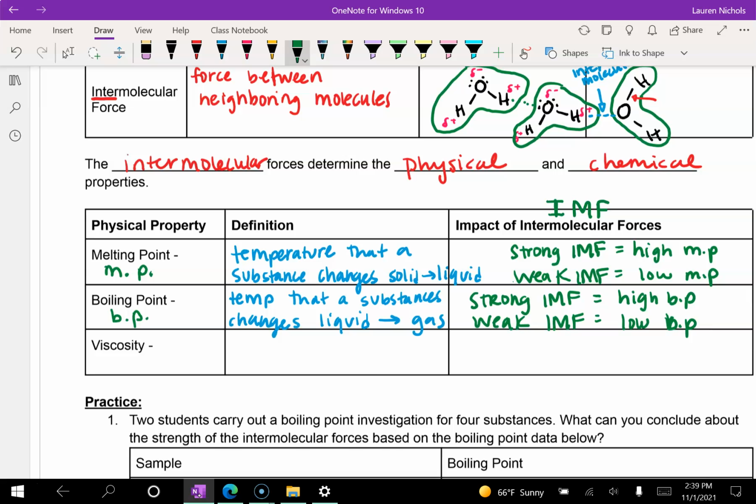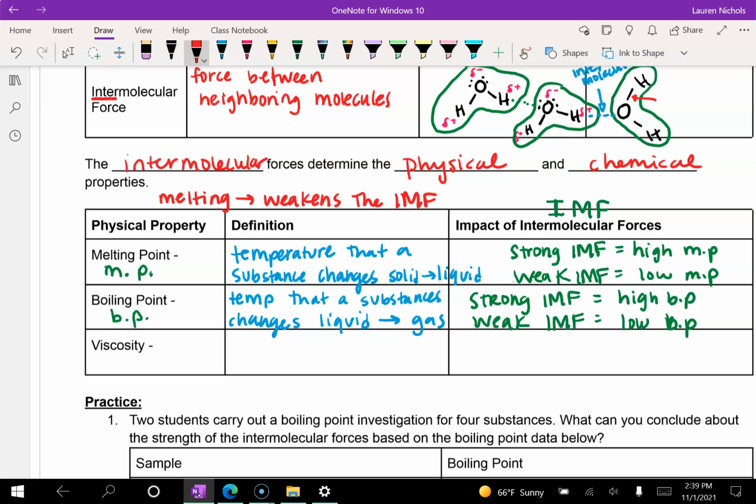Now, the main difference between melting and boiling point in the intermolecular forces is when you have melting, which we can add this just kind of above it. Melting, it weakens the intermolecular forces. It doesn't break them completely because you know when you pour a liquid that the molecules are still connected together, right?